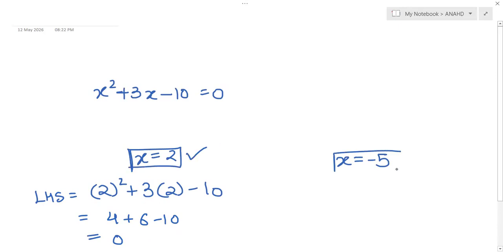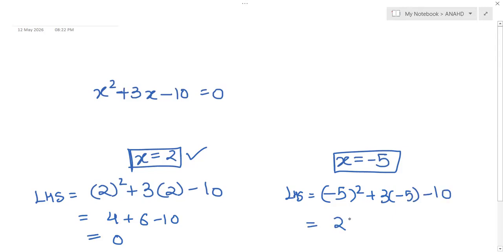Whereas, let's put minus 5 and check it. Minus 5 square plus 3 into minus 5 minus 10. When I solve this, I get 25 minus 15 minus 10, which is exactly 25 minus 25, equal to 0.